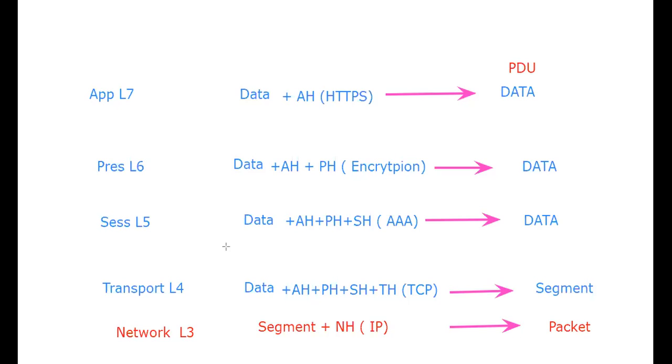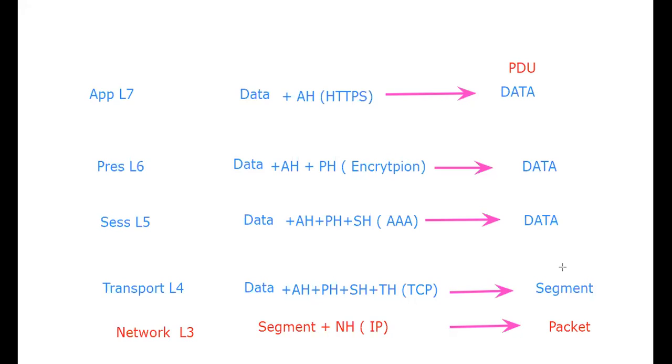So we are reaching the transport layer. Any question? You have to clearly understand this outcome when you're talking about the OSI layers. Every layer has the data, plus their layer header is added to what was received from the layer above. Then they come with a new name called PDU, and every layer has its own PDU name.